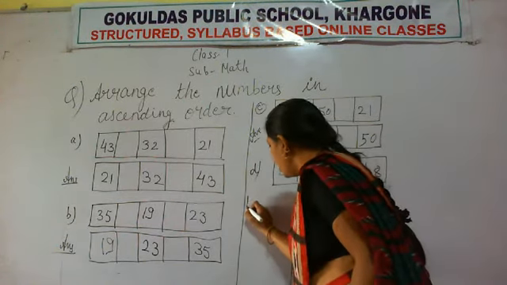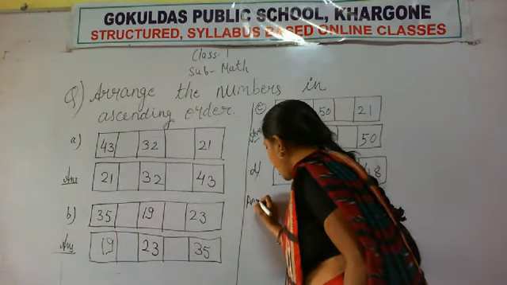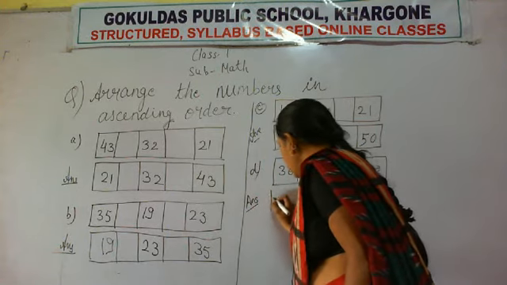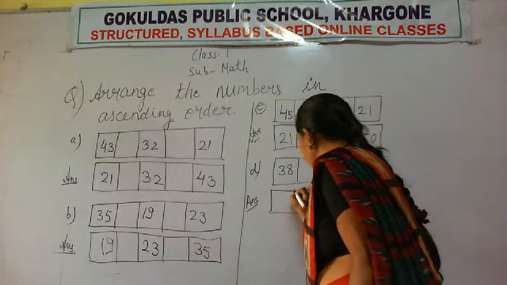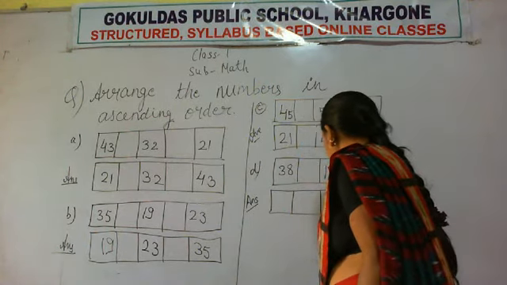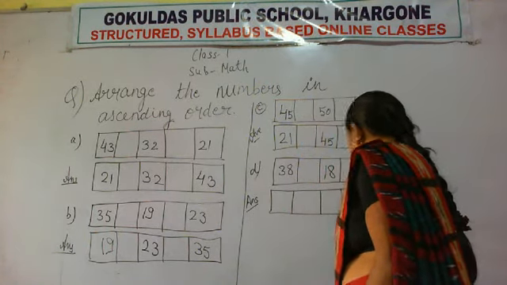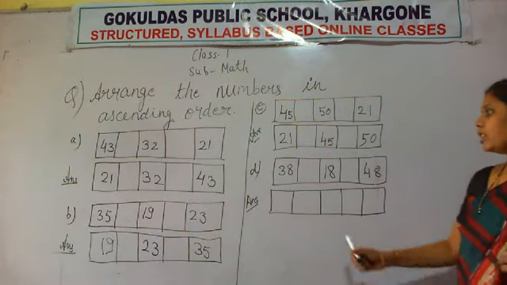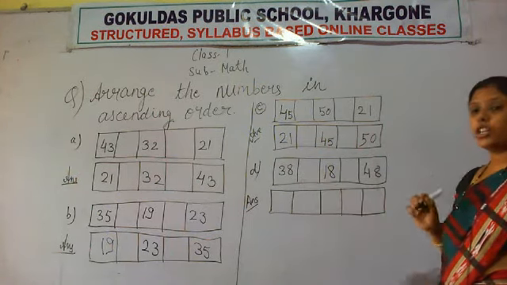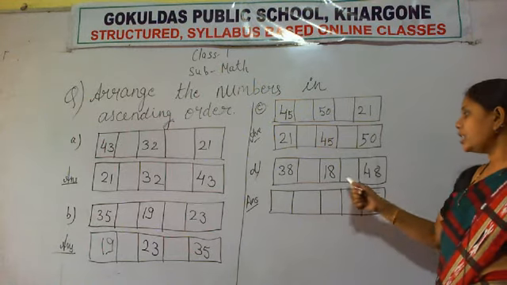Right answer, A and S. Now identify the smaller number. Which is the smaller number between 38, 18 and 48? The smaller number is 18.